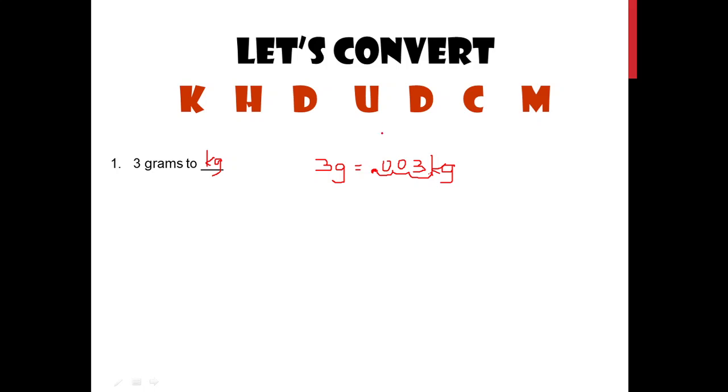Okay, so it's a matter of moving your decimal point from one place to another based on what is being asked. For example, I want to convert 3 grams into milligram. Again, just write this one.